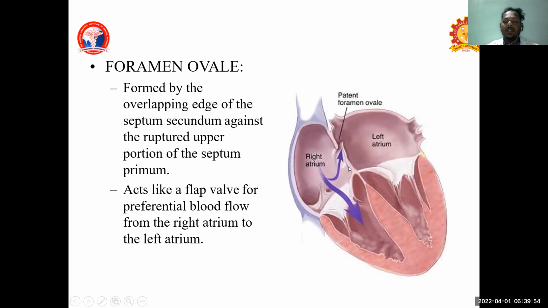So there is an overlap of the septum secundum over the ruptured part of the septum primum. So this creates an opening that is called the foramen ovale. This flap acts as a valve for preferential blood flow from the right atrium to the left atrium.